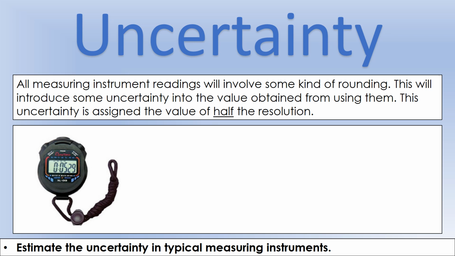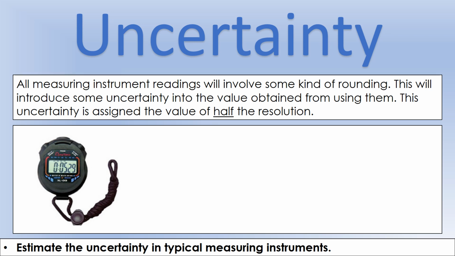Let's look at a few different measuring devices that we use and the uncertainties that we have with them. So the first kind of uncertainty a measuring instrument has is what we call a rounding uncertainty, sometimes referred to as the intrinsic uncertainty or some other jargon. So if we've got a stopwatch, you can see it measures to the nearest 0.01 seconds.